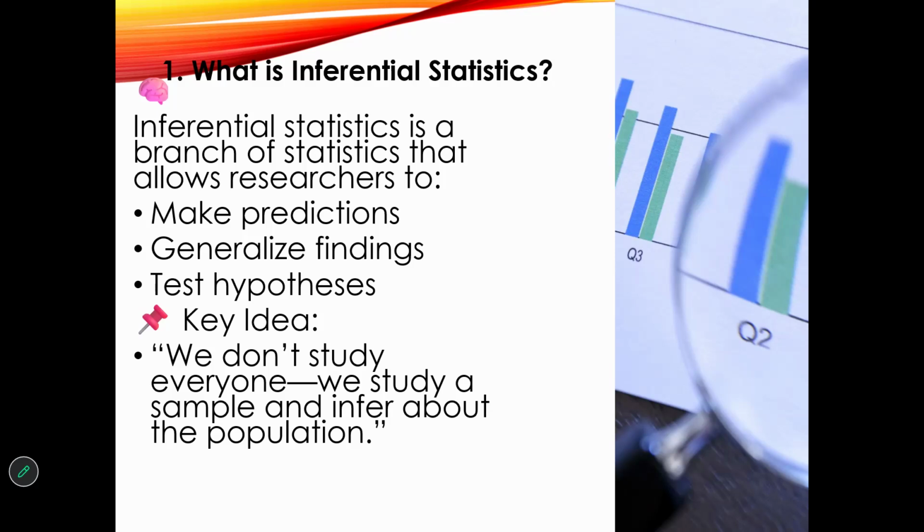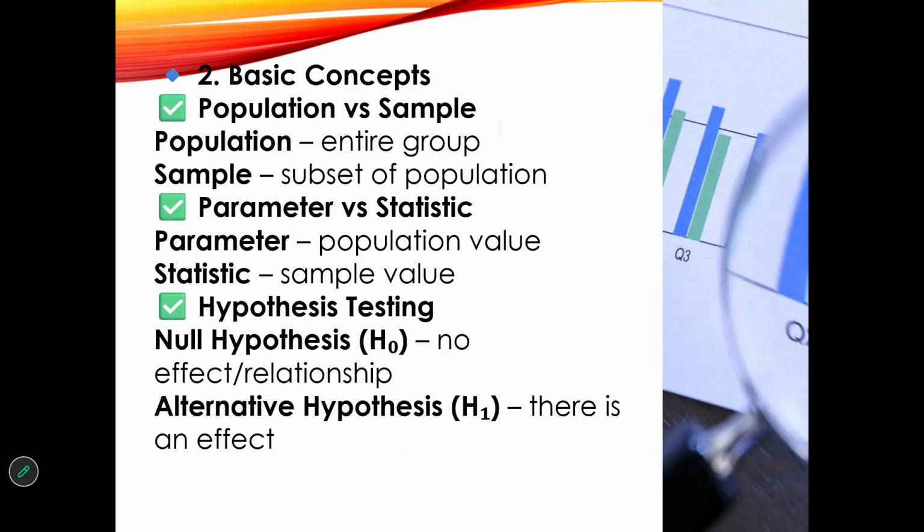inquired about your study. So what are the basic concepts? Population versus sample. The population is the entire group, and the sample is only the subset of the population. The parameter versus statistic. The parameter is the population value, and the statistic is the sample value.